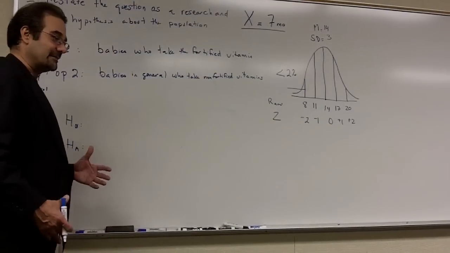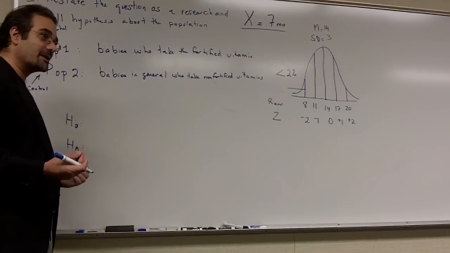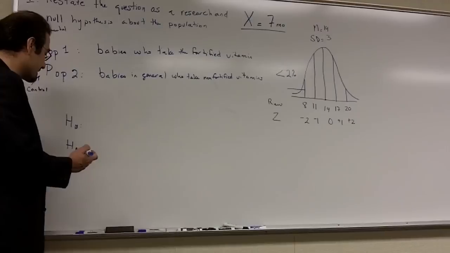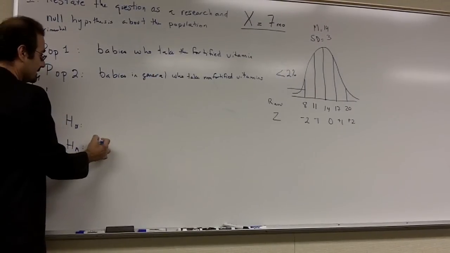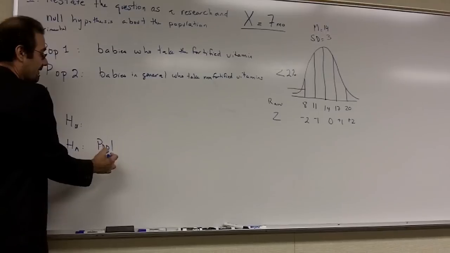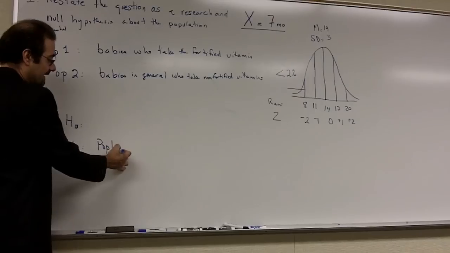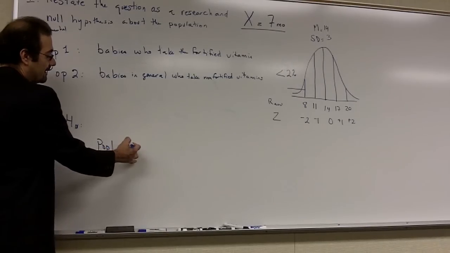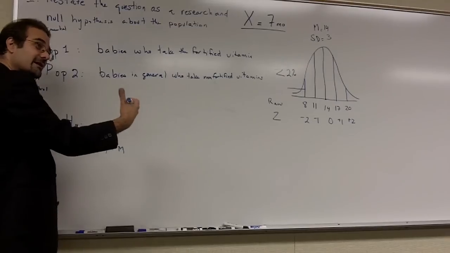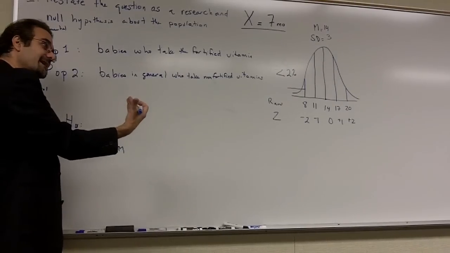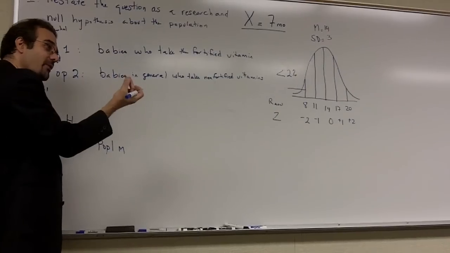That's what you're truly deep in your heart want to prove, that, hey, this vitamin works. So your alternate hypothesis is babies who take the fortified vitamin, POP1, their mean, but since it's a single sample, it doesn't make sense to talk about means, but their mean would be less than, since it's about walking earlier, right? Walking earlier means their month at which they walk is going to be less than.